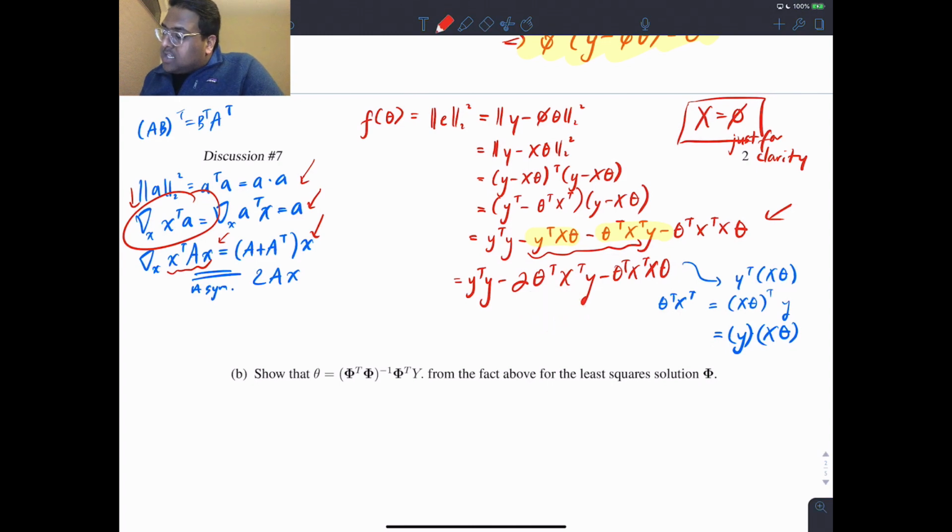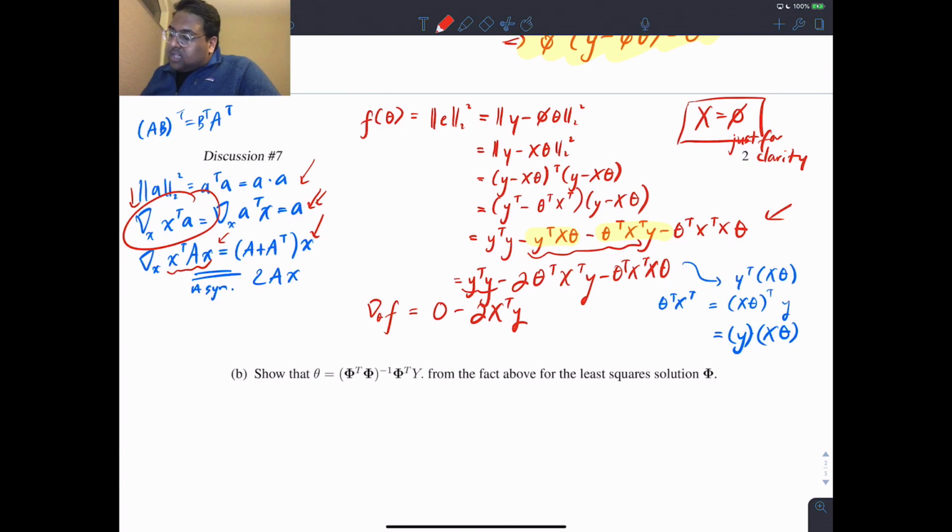Great. So now we're at a stage where we can take the gradient. Let me take the gradient of f with respect to theta. The first term, as we mentioned before, drops out because it's independent of theta. For the second term, I have 2 times the gradient of theta transpose something with respect to theta, which is just something. Again, we're invoking this rule over here: the gradient with respect to x of x transpose A is just A. Now we want the gradient of theta transpose X transpose X theta with respect to theta.